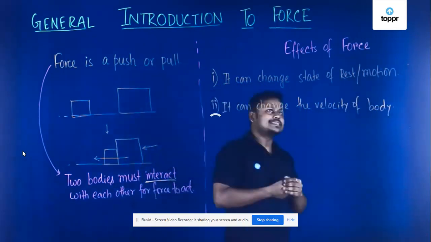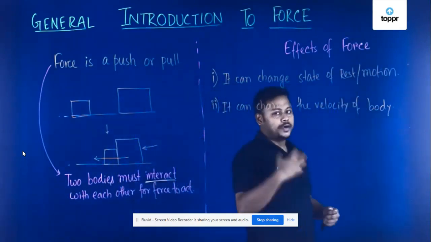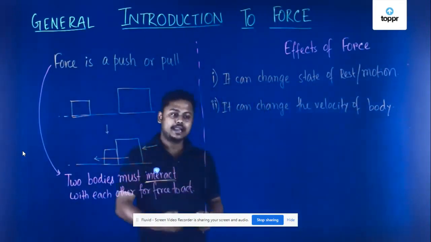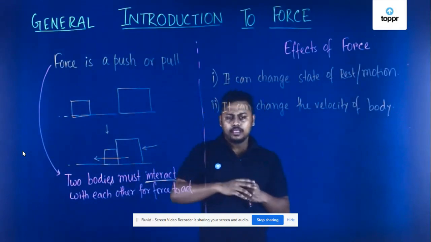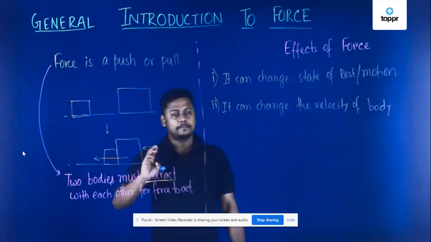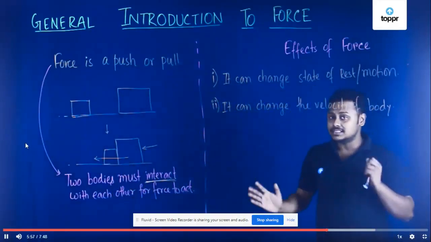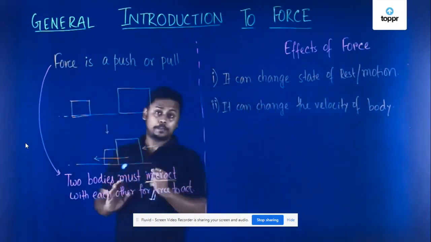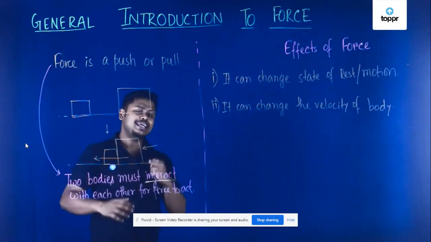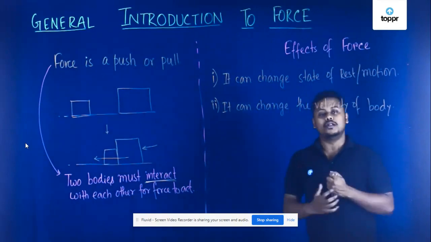Now let's discuss the third effect of force. Suppose in a cricket match a bowler is delivering a straight ball, and the batsman makes a square cut. The ball was initially coming towards the batsman, but the batsman made the ball move in some other direction. He applied some force with the bat on the ball and achieved a change in the direction of the ball.